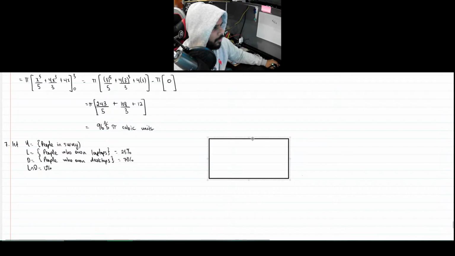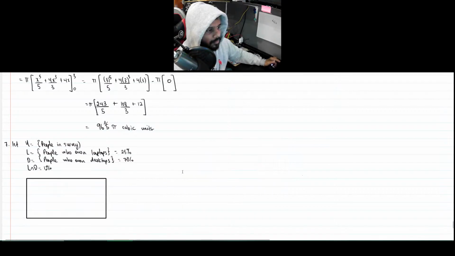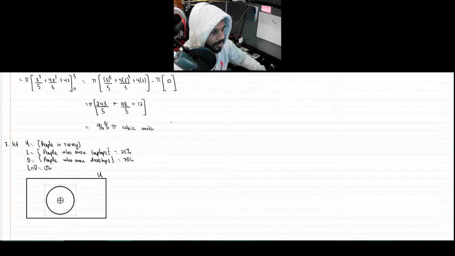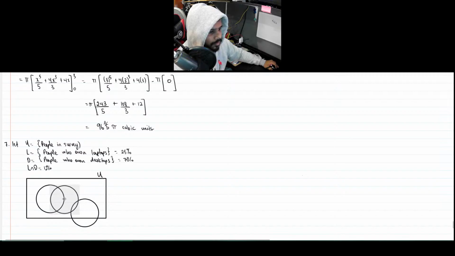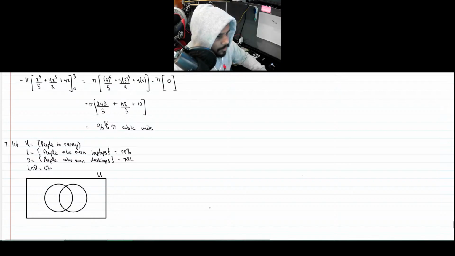So the best way to illustrate this is on the Venn diagram. Have a universal set here. Draw two circles. We do have intersections, so the circles do overlap each other. We know that all this middle piece here is 12%.